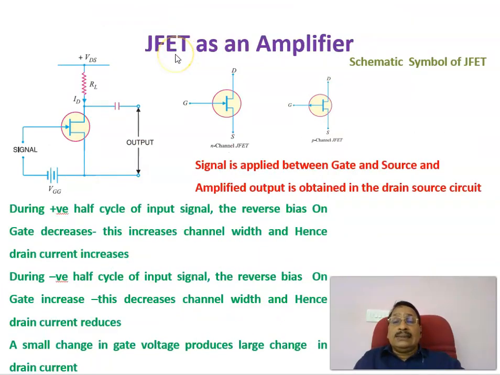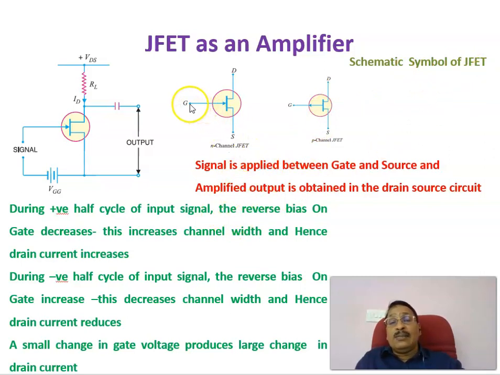Now, just like a bipolar junction transistor, a junction field effect transistor can be used as an amplifier. This is the symbol of the JFET, one N channel and another P channel, the schematic symbol of the JFET.